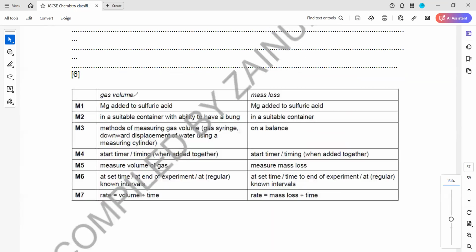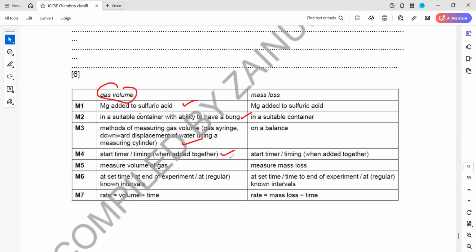When we are measuring the volume of a gas, the first thing you mention is that magnesium is added to sulfuric acid, that will score 1 mark. A suitable container, able to have a bung, like the conical flask we mentioned, will score that mark. Measuring the volume of a gas, so we connect a gas syringe, or we can also use downward displacement of water using a measuring cylinder.